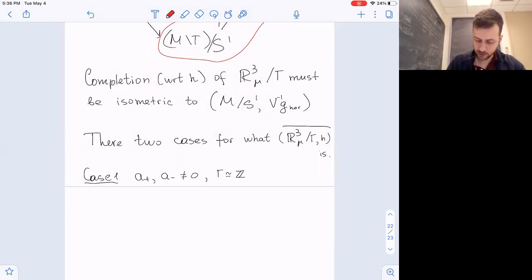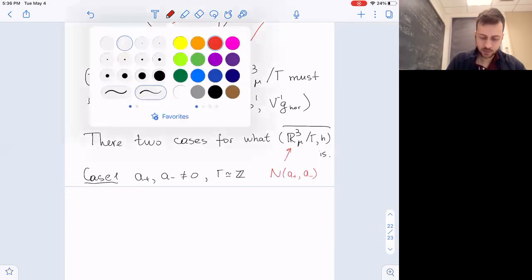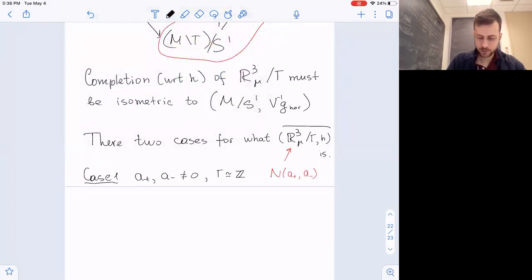In this case, I will call this gadget N A plus A minus. So this was R3. We have quotiented by gamma. When you quotient it by gamma, it becomes a product of R squared and S1.